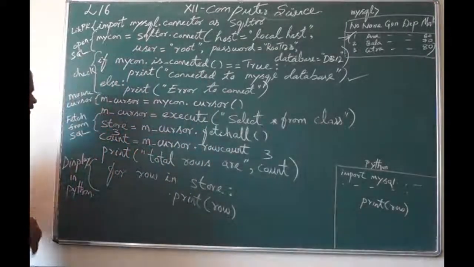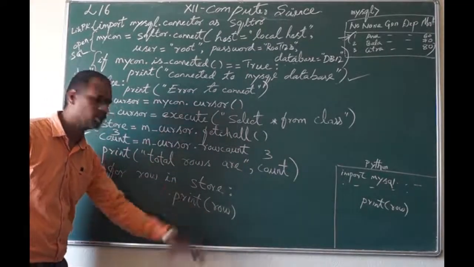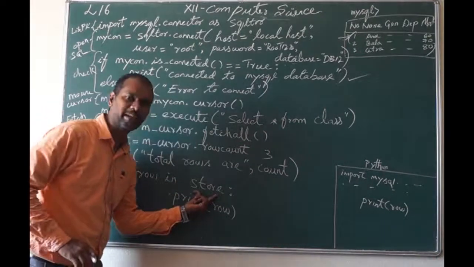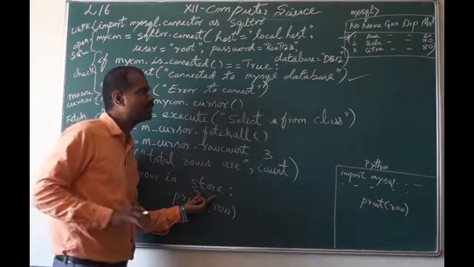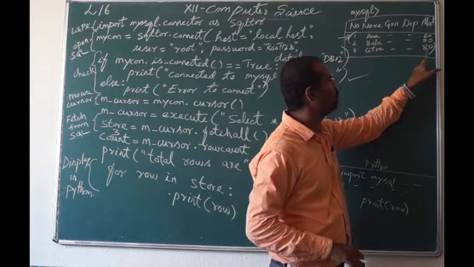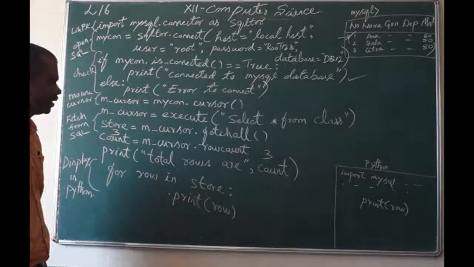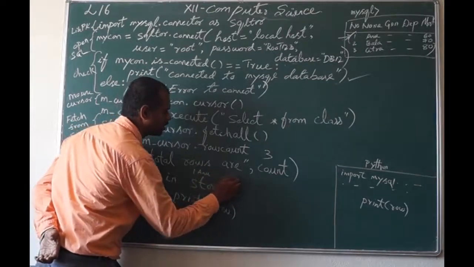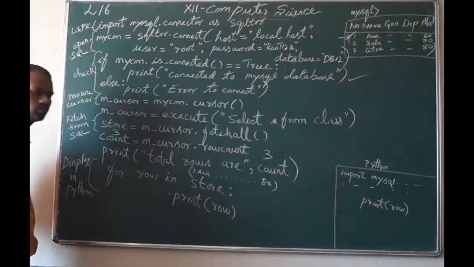Clear? Okay, then for row in store print row. Okay, so very simple. What is there inside the store? The answer is, starting from 1 Anu 60 up to 80, everything is in the store. Complete data is there inside the store.